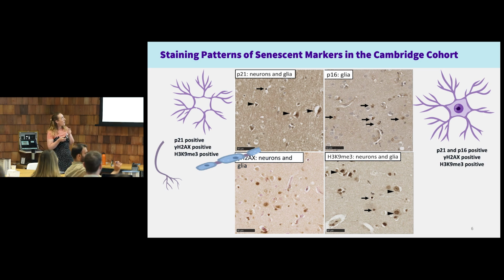I just wanted to highlight that P21 in this initial cohort was expressed in neurons, as you can see with the black triangles, and also in glia with the black arrows, whereas P16 we found to be glial only. We also have gamma H2AX in the bottom left corner, which is a marker of DNA damage, and H3K9me3, which is a marker of senescence-associated heterochromatin.